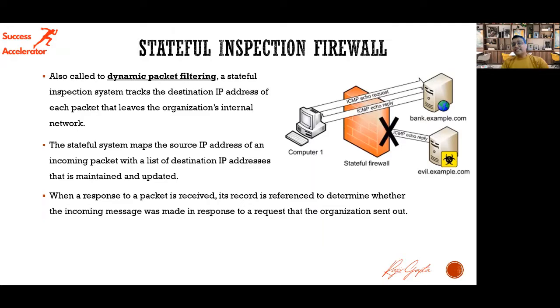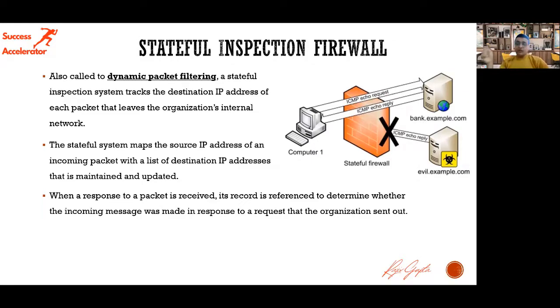And you can see that as an example on the diagram on the right hand side. When you are within the network, you as a user on the left hand side using computer 1 made a request to the bank's server, maybe to get your latest bank statement or to make some transaction.